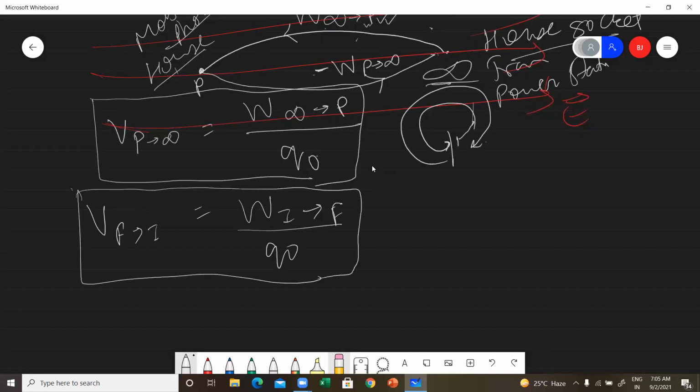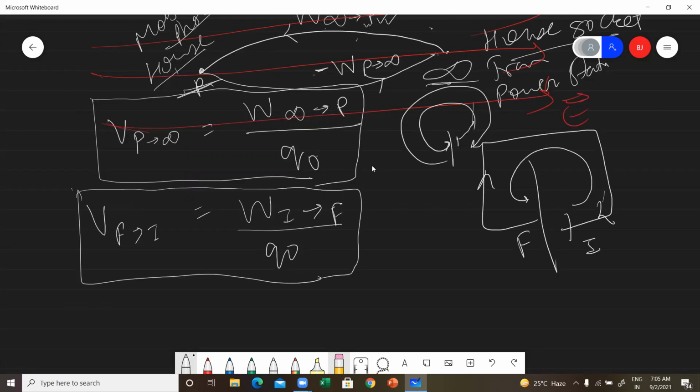Potential will be from final to initial, but work will be from initial to final divided by the test charge. Is that clear, Nandini? Ma'am, why final to initial potential? Because from here to here, our charges are flowing from positive to negative, so from final to initial. But the work of the electron is going from initial to final. Now understood? Yes, ma'am. That is the reason it is like this.